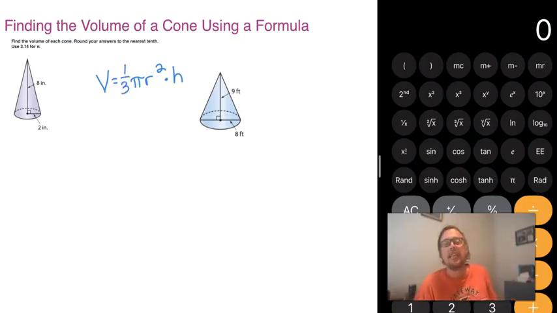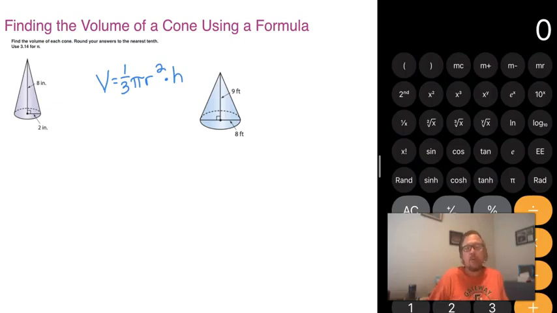Or if you like, you can think of it as dividing by 3. So it's the volume of a cylinder times 1/3, or the volume of a cylinder divided by 3. That's how we find the volume of a cone. Everything else is exactly the same.